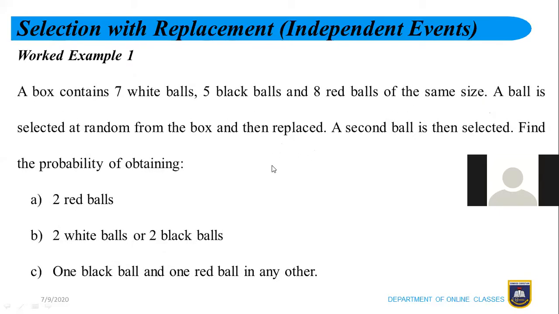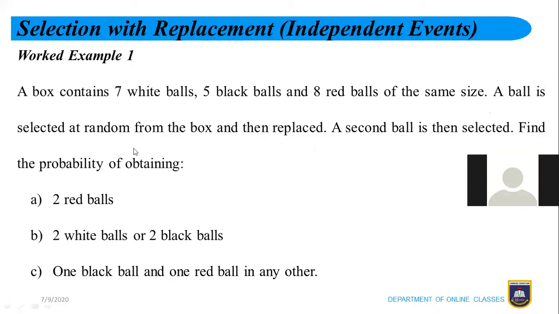A box contains 7 white balls, 5 black balls, and 8 red balls of the same size. So let's assume that we have tennis balls of different colors. That's 3 different colors: white, black, and red. They are all of the same size so that in the process of selection, you will not be biased.